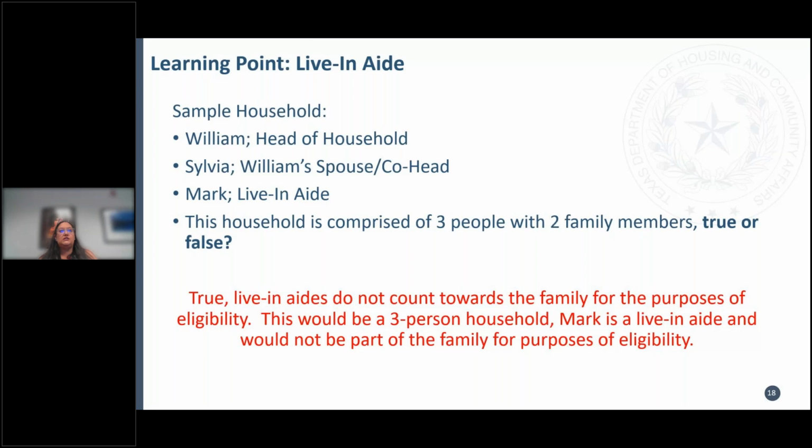Each of these scenarios is going to have to be treated a little bit differently, or treated the same but looked at a little bit differently. So you're going to want to be sure that you're getting all the information you need, other than the specific medical condition that's causing the need for a live-in aide. And then you're going to want to make sure you document your files correctly and cohesively so that we know who is the live-in aide, that sort of thing.